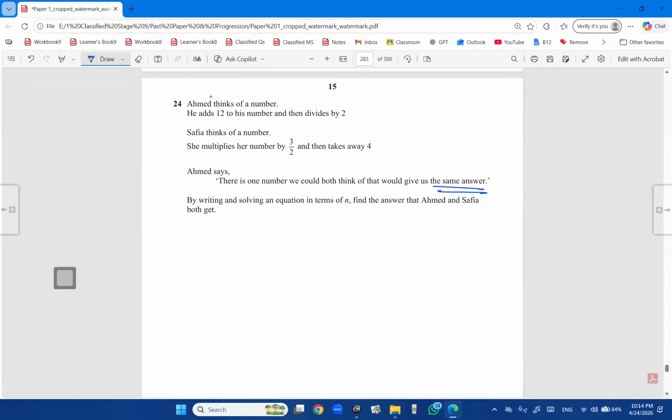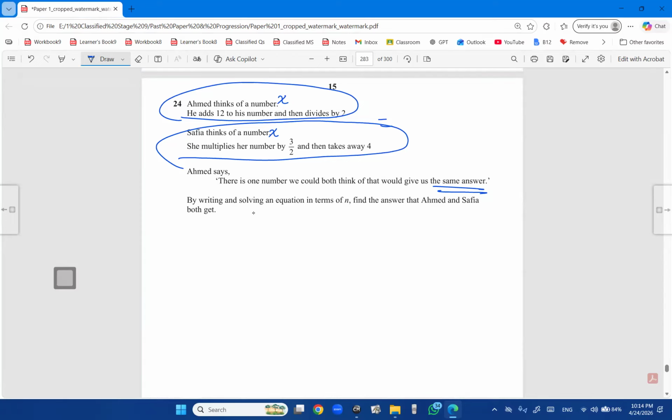If I say that Ahmed thinks of a number x, they said both of them think of the same number, so Safia thinks of a number also x. All of them have the same answer at the end, which means that this is equal to this.